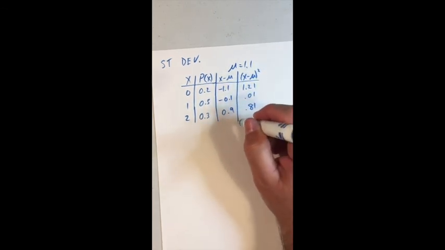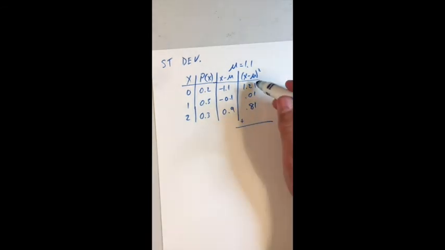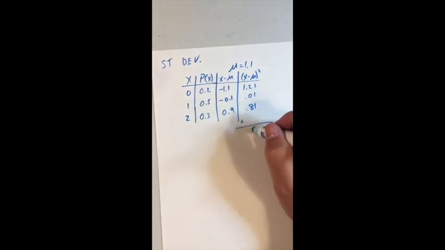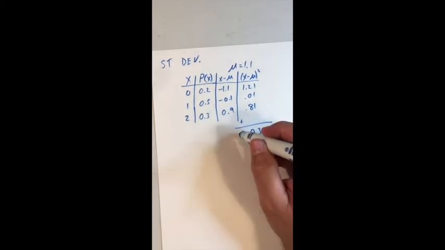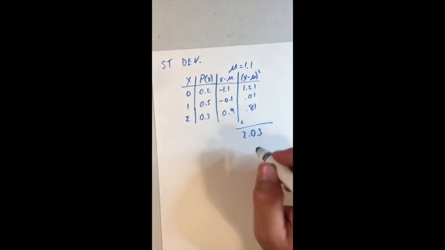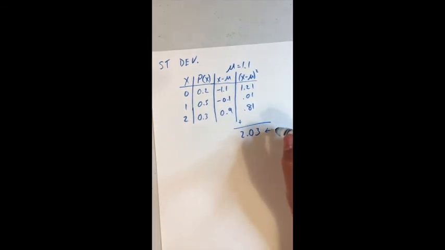So this is going to be 2.03. Double check that. 2.03. Okay, good.